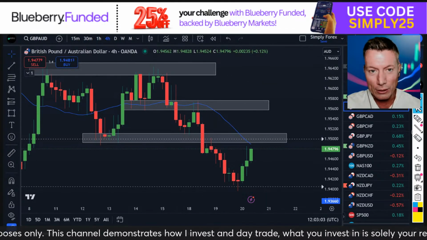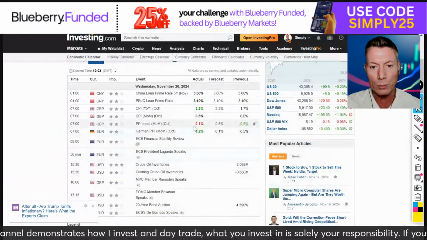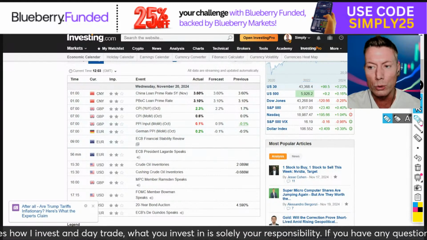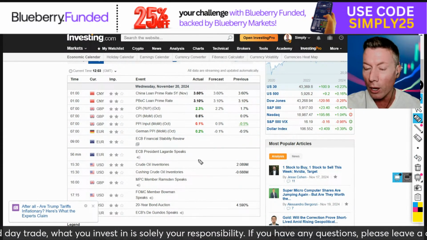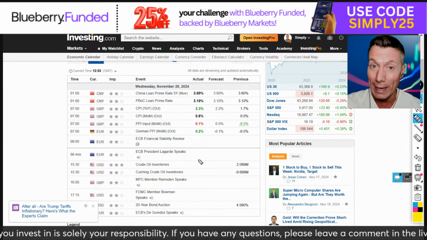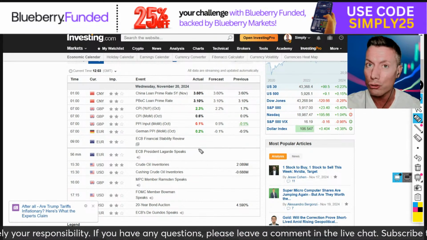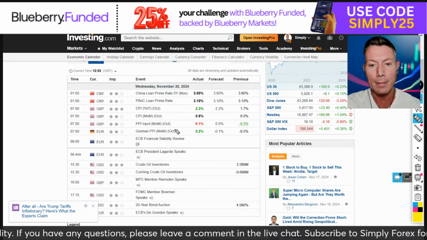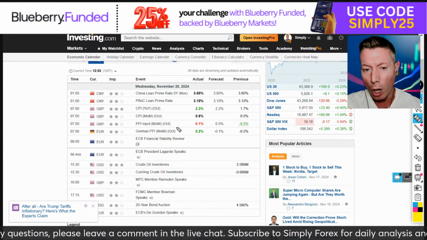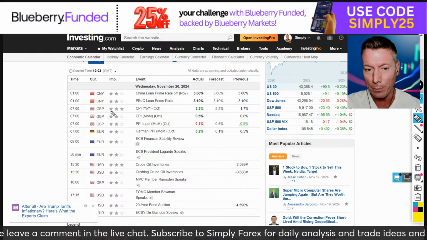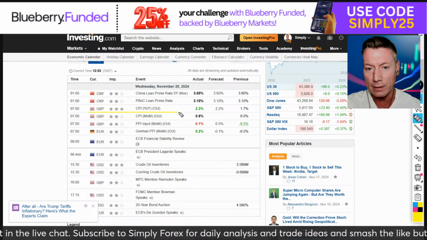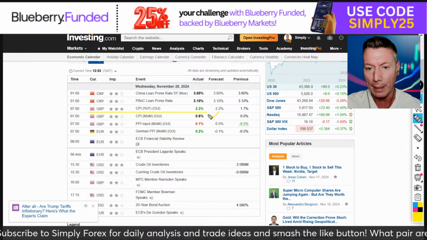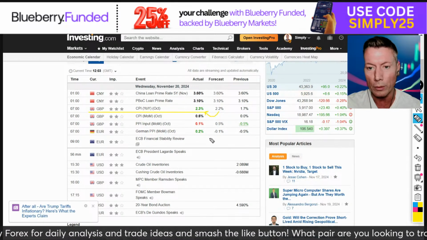Let's also take a look at the economic calendar, because we had some pound news earlier on, right? And I'm now in a couple of pound trades. This was, I would say, overall better than expected for the pound. We had CPI figures that were a little bit better, 2.2 to 2.3.